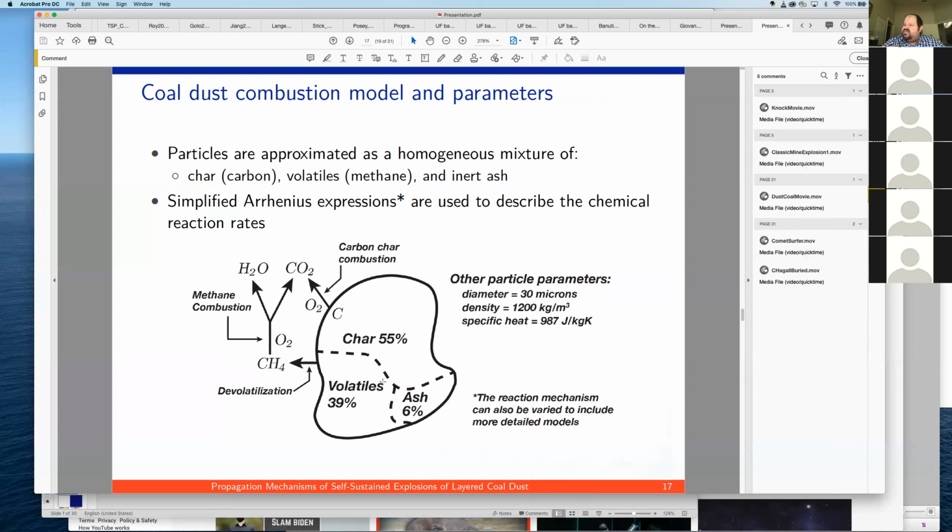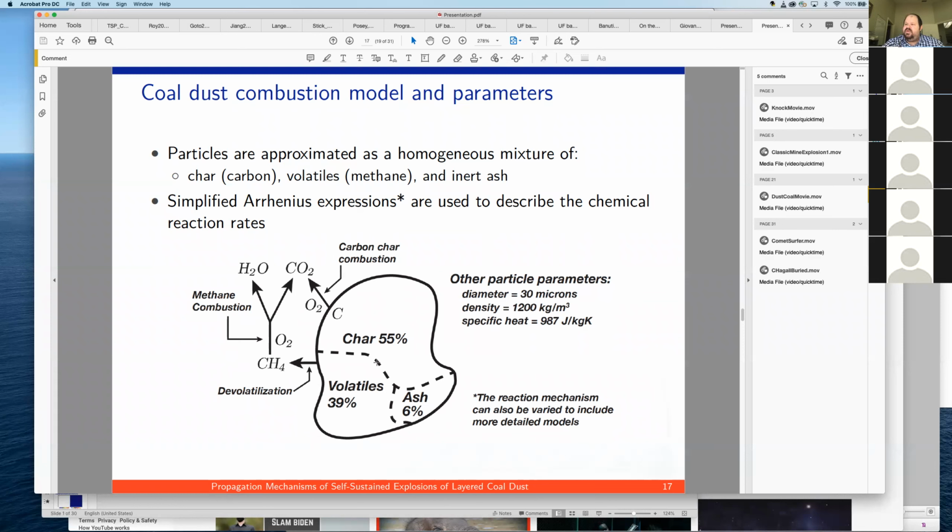As the coal particle heats up, it vaporizes to produce natural gas, which we are treating as methane. Then that methane goes into the surrounding air, where it can subsequently react with the oxygen to form CO2 and H2O.